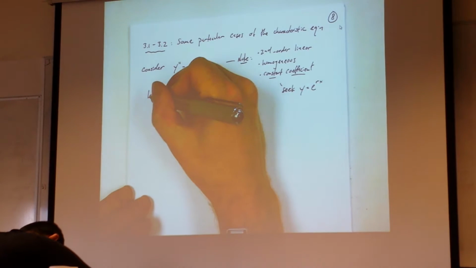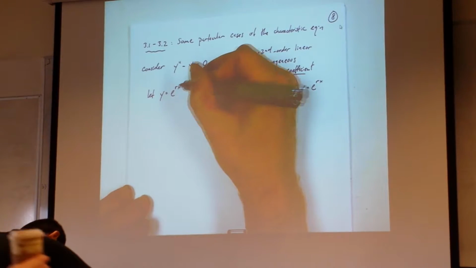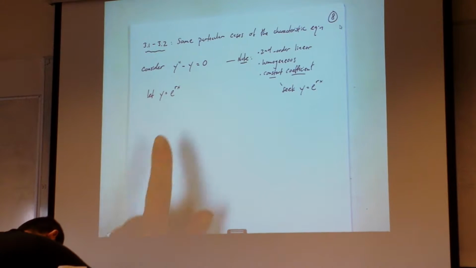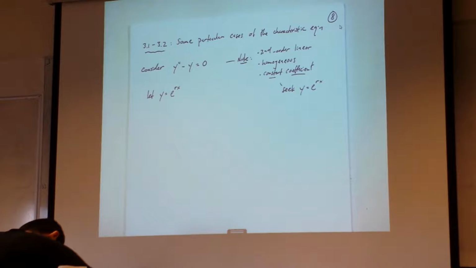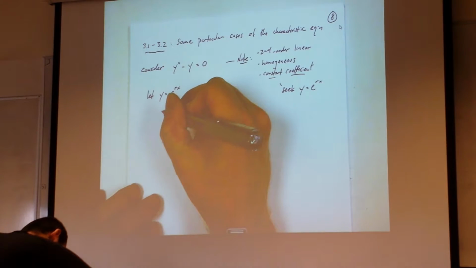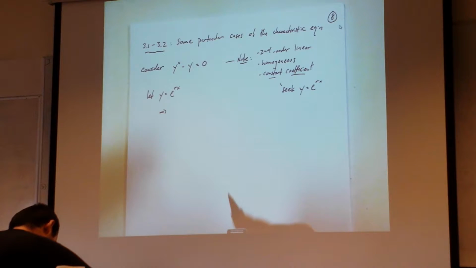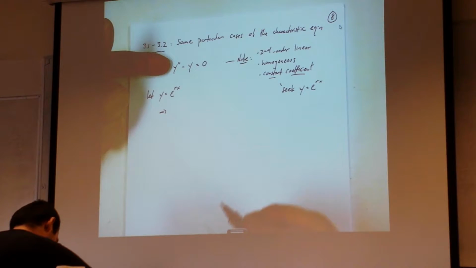So let y equals e to the rx, and we want to find the conditions under which that is a solution. What conditions on r make a function of this type a solution? With that assignment, we know what y prime is, and y double prime looks like r squared e to the rx.